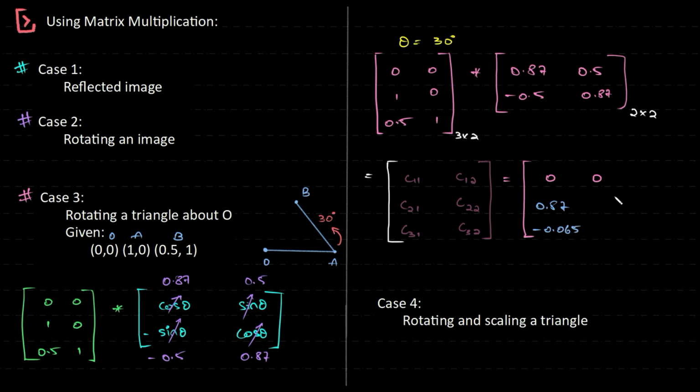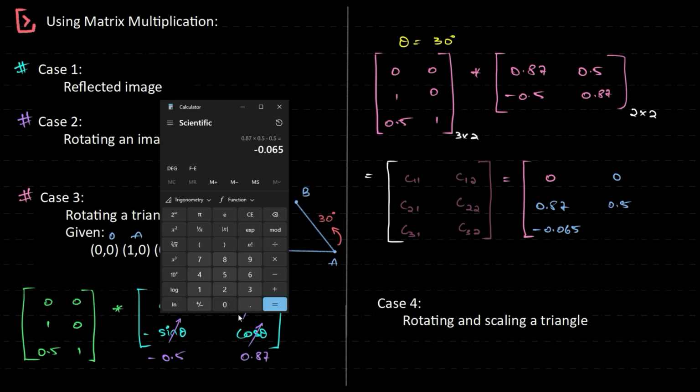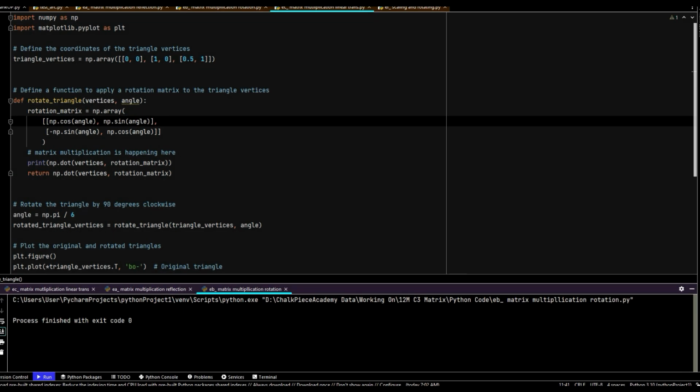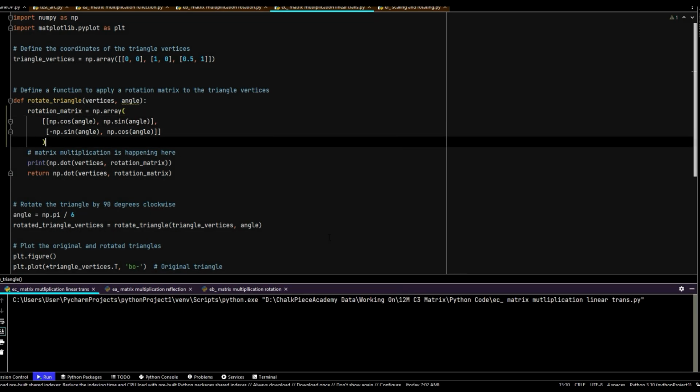And finally we have this 0.25 and 0.25 plus 0.87, 1.12. So the new coordinates will turn out to be this. Okay, so that's our prediction. That's our calculation. So let's see this.